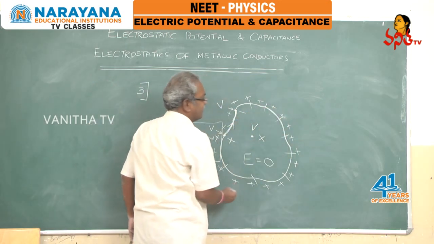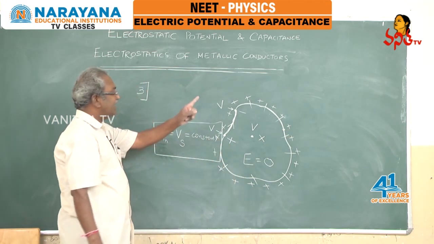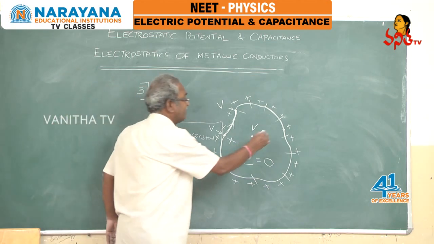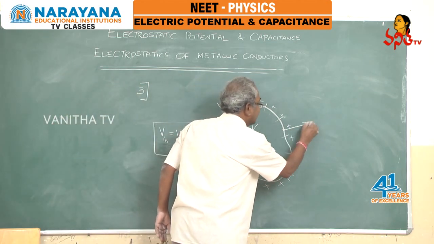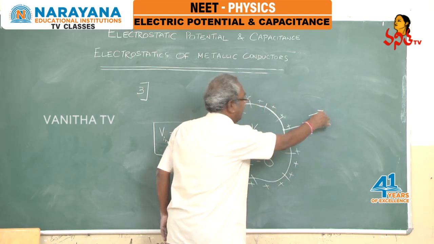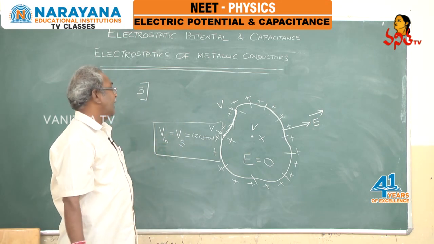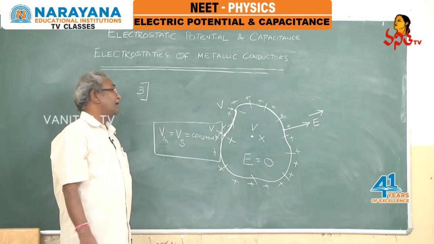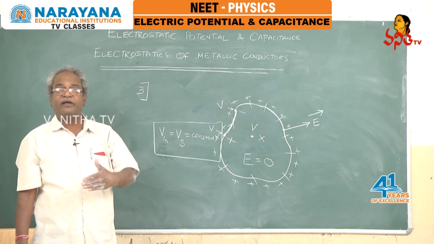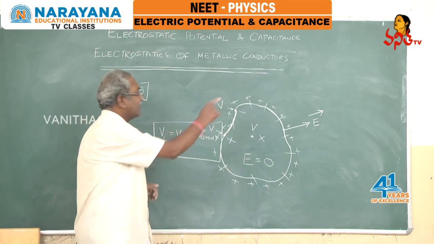At every point, electric intensity must be normal to that surface. So, outside or at any point on the surface of the conductor, electric intensity must be normal to the surface, because the surface of the conductor is an equipotential surface.